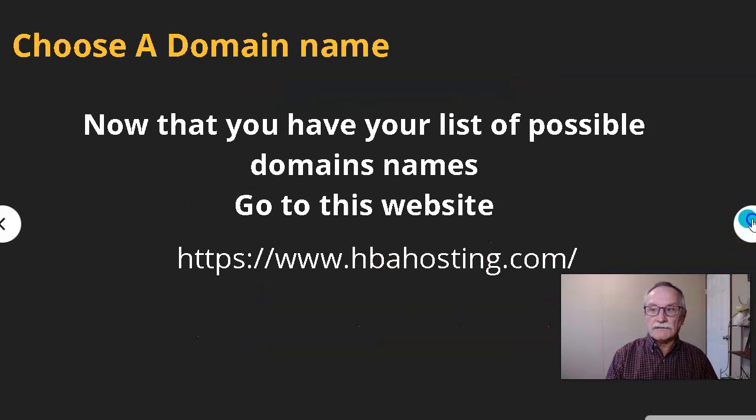All right. The next step in this process is choose a domain name. Now that you have your list of possible domain names, go to this website, hbahosting.com, and I will leave a link in this video description down below.